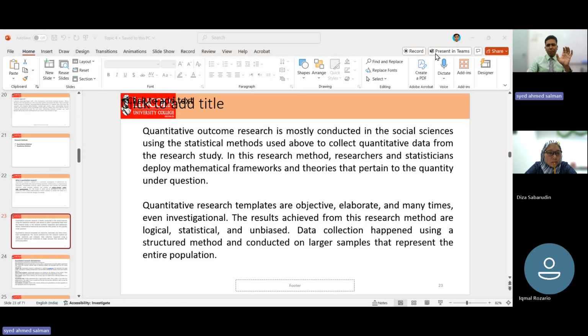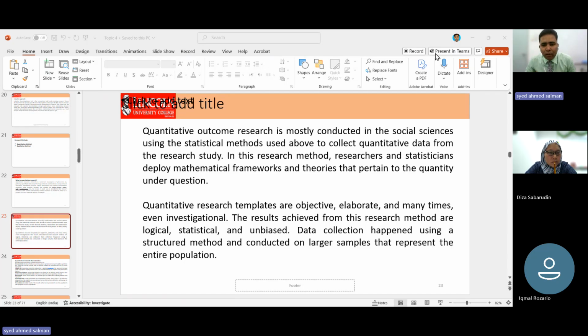Quantitative research templates are objective, elaborate, and many times even investigational. The results achieved from this research method are logical, statistical, and unbiased. Data collection happens using a structured method and is conducted on a larger sample that represents the entire population.